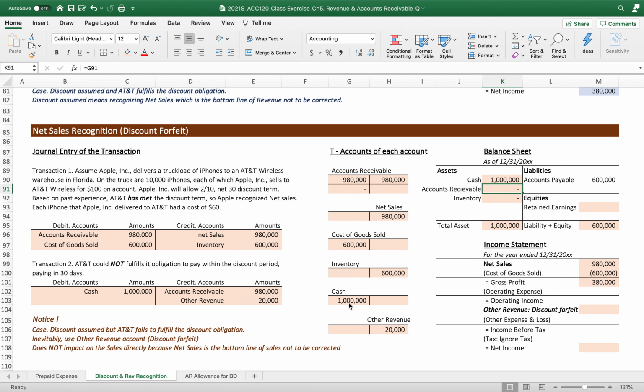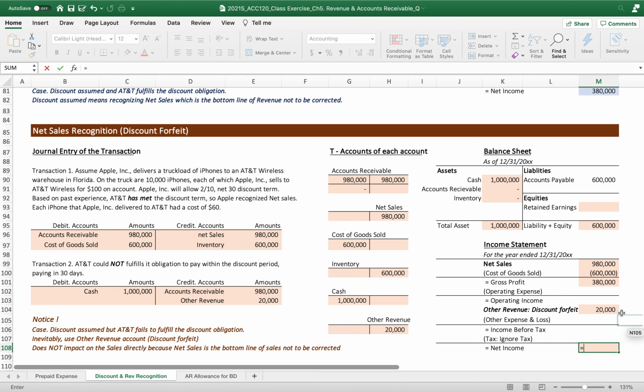So cash is the full amount of the sales, 1 million, without any discount consideration. And then other revenue is additional revenue, but we cannot record it in sales because we record only the net sales. So the other revenue part is $20,000. The gross profit is 380 plus the other revenue 20, so net income is 400.